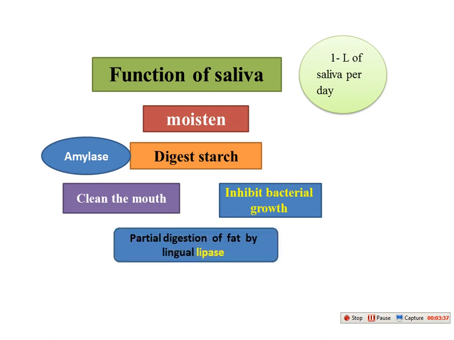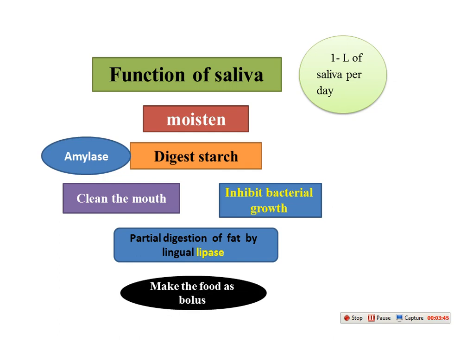And also there will be a partial digestion of fat by the lingual lipase. The quantity of saliva may be near 1 liter daily. And this saliva is secreted not just for digestion, but it also serves other functions.